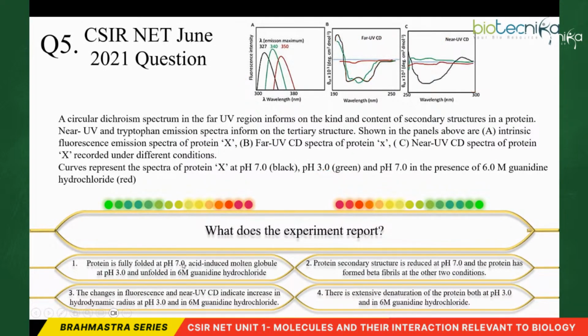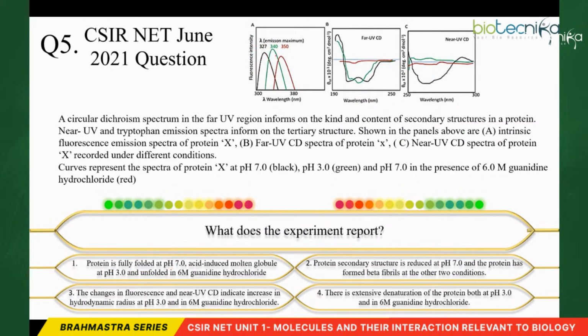As I just told you that pH 7, we can see here, so see Palakpreet and Malini, as I told you, we have the tryptophan emission. It is happening for this black line, which is at pH 7 in the regular zone.